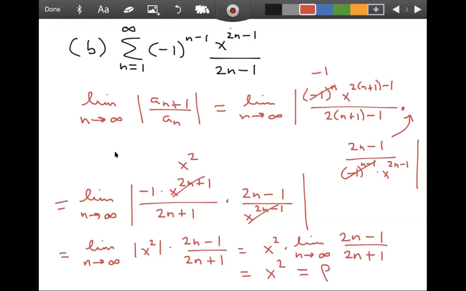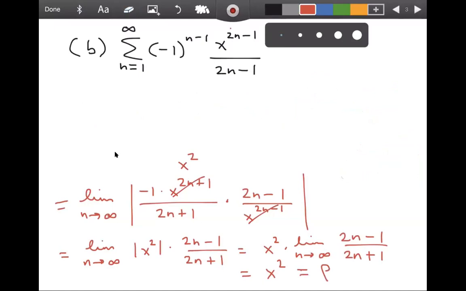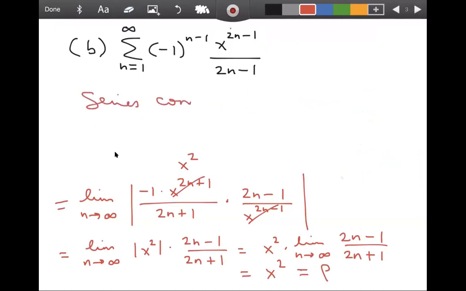All right, so what we can determine from that is that the series converges if x squared is less than 1, which is just another way of saying x is between negative 1 and 1.